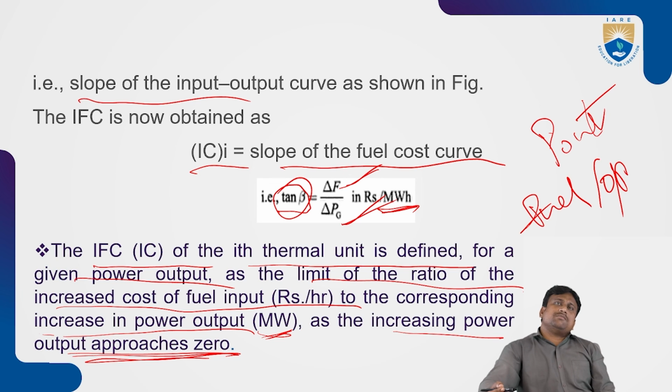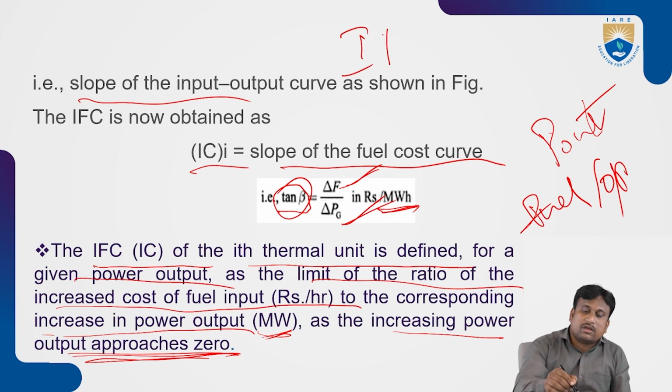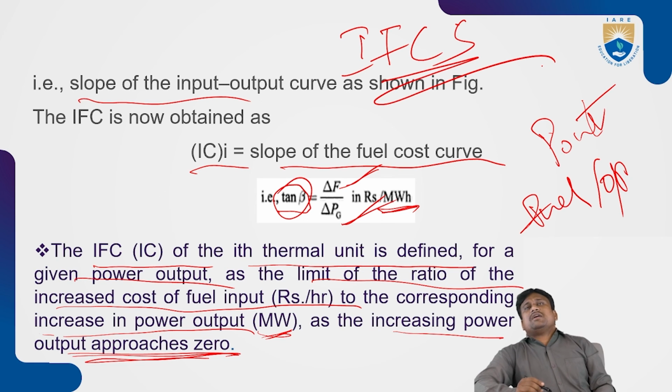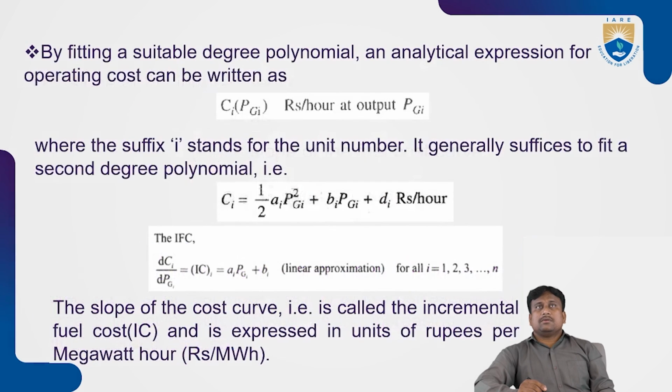So IFC must be considered. Why? Because it alone decides the economic problem of the power system network. It may be under loss, gain, or balanced condition. These parameters can be decided by the incremental fuel cost curves. That's why we are drawing these incremental fuel cost curves.